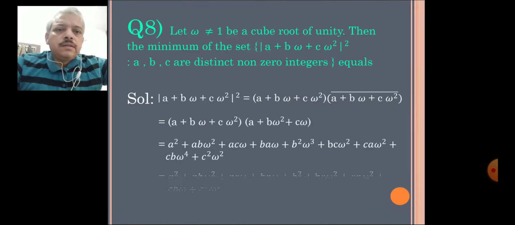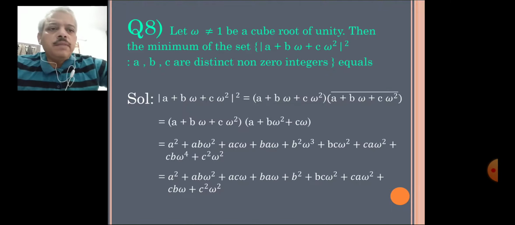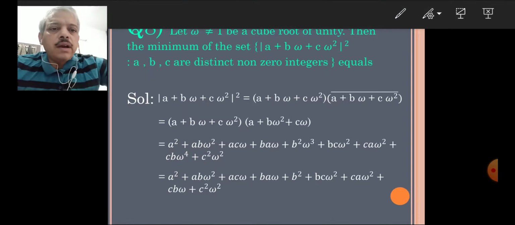writing a square plus ab omega square plus ac omega square plus bc omega square plus b square, omega cube is 1. So writing omega cube as 1, it will be b square plus bc omega square plus ca omega square plus cb omega square plus c square omega square. Omega to the power 4 will be omega, because omega cube is 1, so omega to the power 4 will be equal to omega.